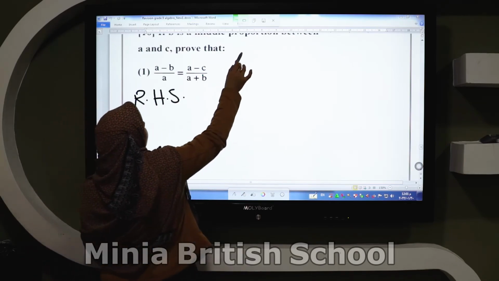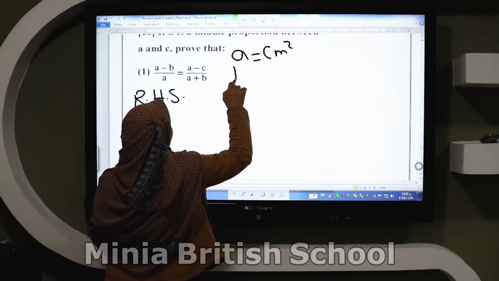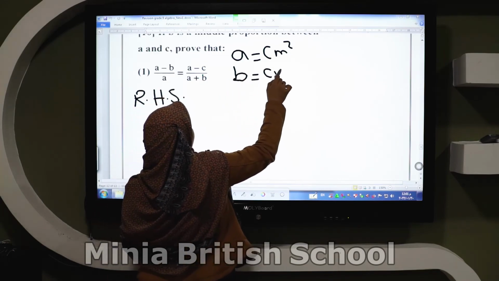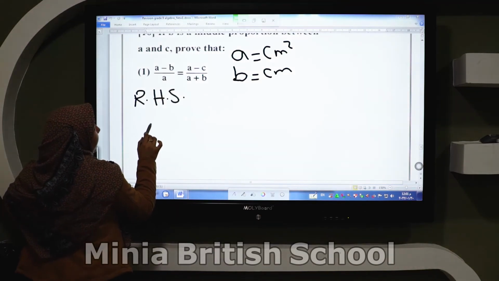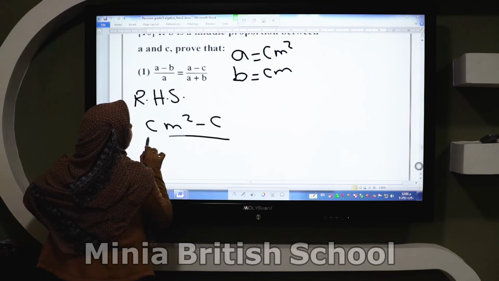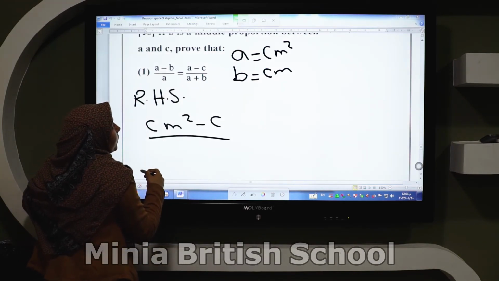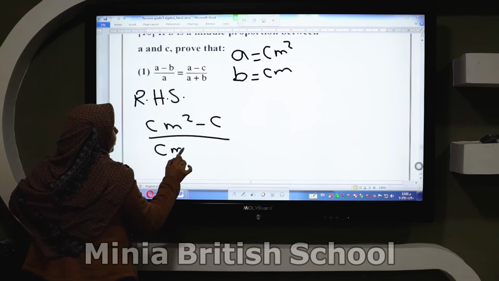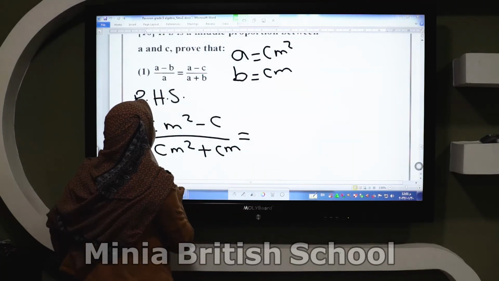A equals CM squared and B equals CM. So here, CM squared minus CM over A plus B, which is CM squared plus CM.